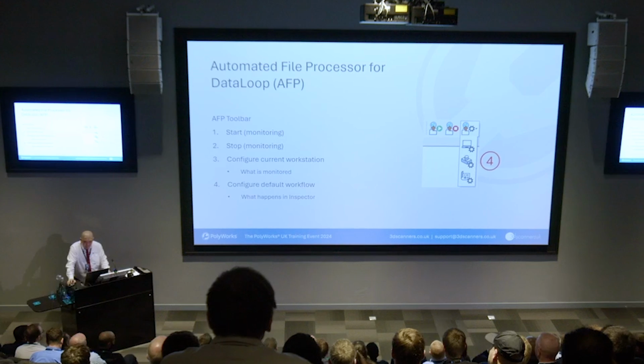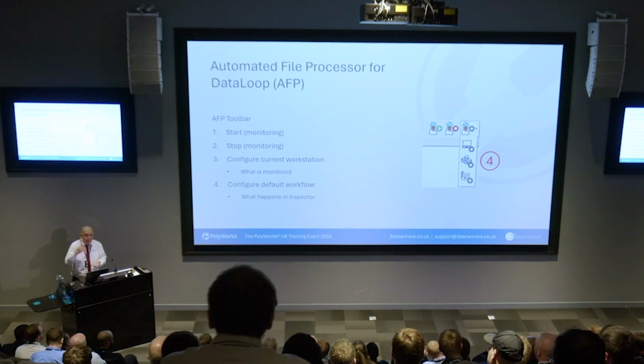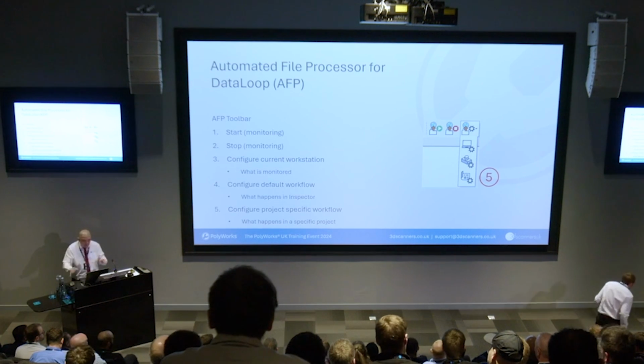The button below that allows you to set the default workflow, i.e. which template within that project to use, and what happens if it detects a duplicate data set. And the last option, same as before, but now you can apply it to specific projects if you wanted to, rather than just a general setting.